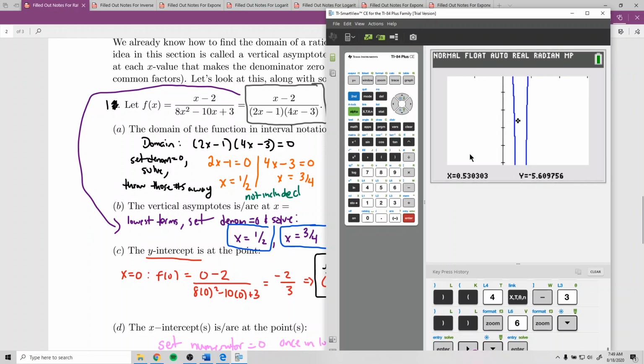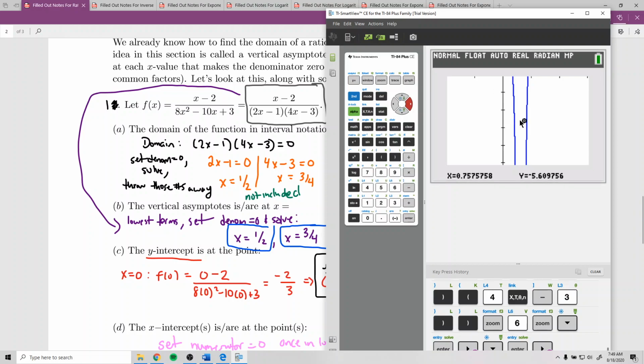You can see the x value for here is a little more than 1/2 where I'm at, where this line is getting vertical. We just don't include the dashed line. Now, if you're wondering, it only looks like 1, but we have 2. 1/2 and 3/4 are just very close together. So with this example, you won't necessarily see both.